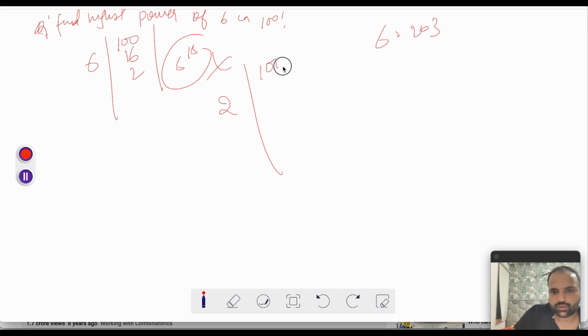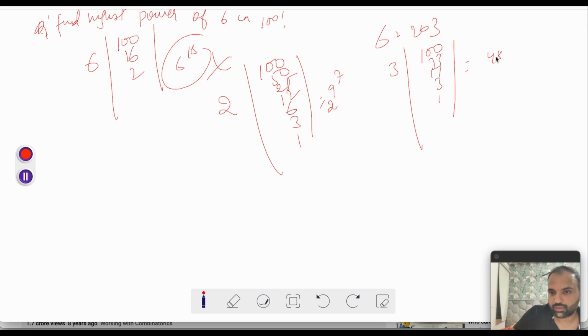So for 2, we do this: 50, 25, 12, 6, 3, 1, and the total is 97. And for 3 it is 33, 11, 3, 1, so 3 plus 1 is 4, plus 11 is 15, plus 33 is 48.